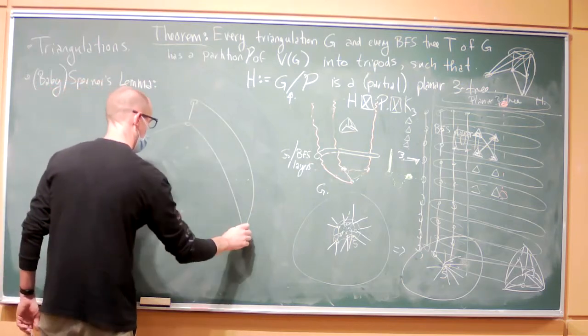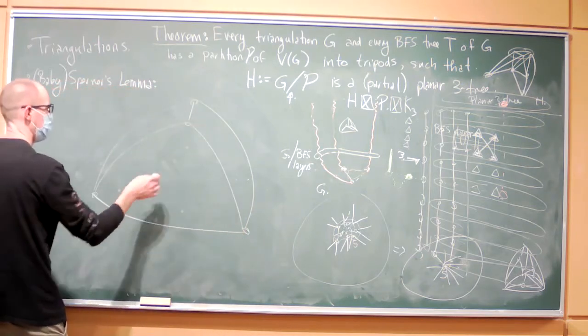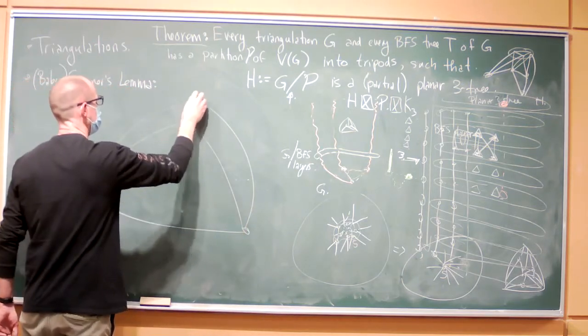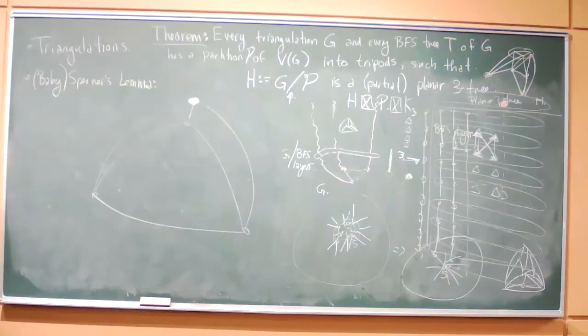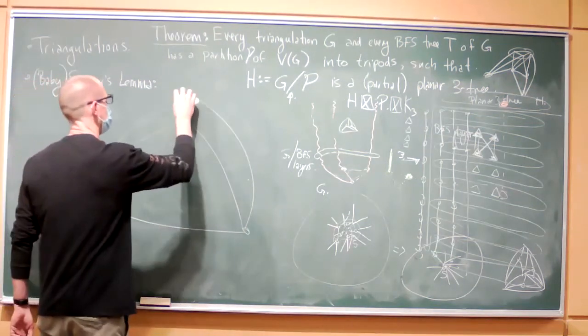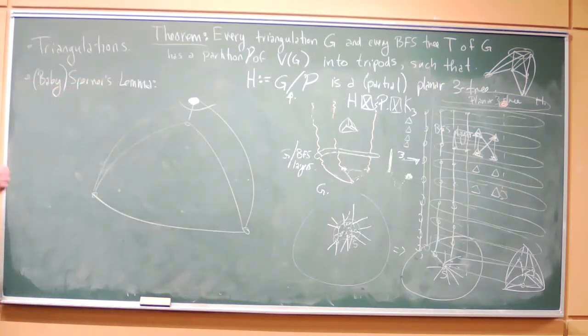So remember, we had our BFS tree. We put on this special vertex just to make things a little bit cleaner. And what we want is one of these tripod decompositions.